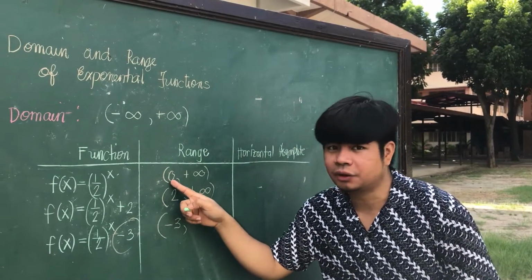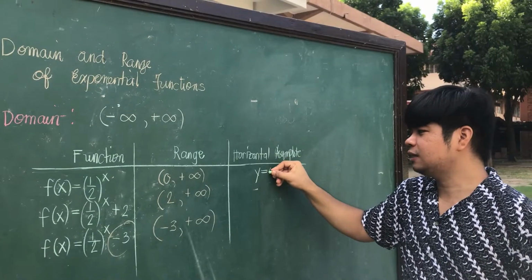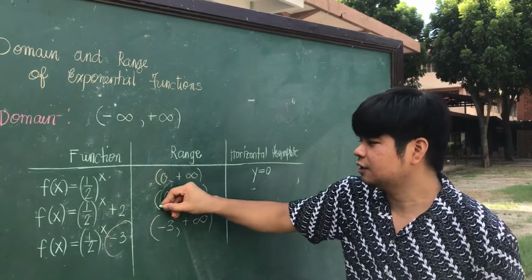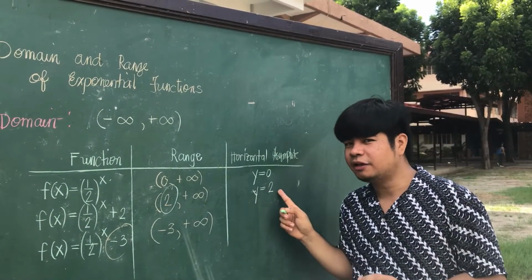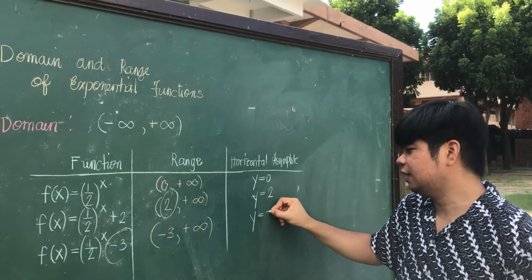Just look into this 0, okay, this number here on the left, then equate that to y. So y is equal to 0 is the horizontal asymptote of this, okay? And this is 2, just look at it, so y is equal to 2. So this is a line that will never be touched by the graph, okay? This is negative 3, and then y is equal to negative 3.